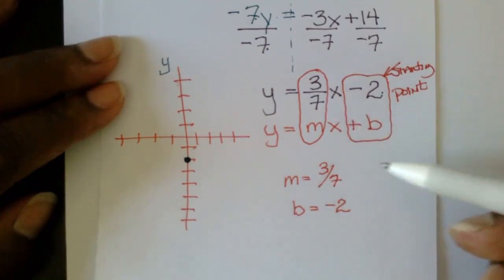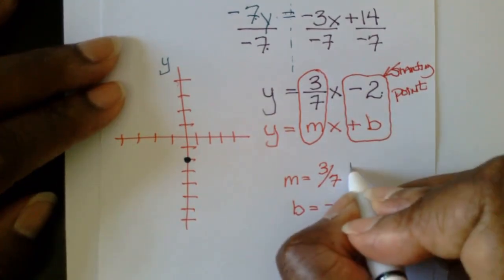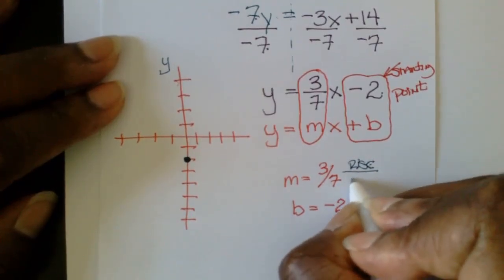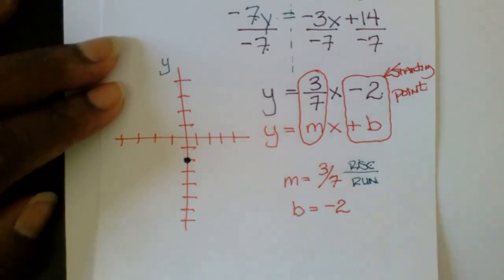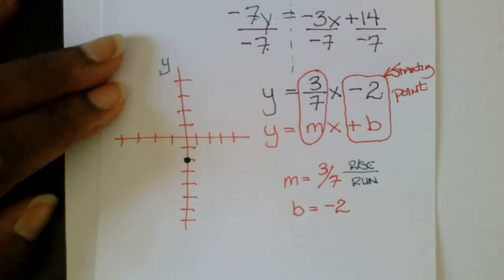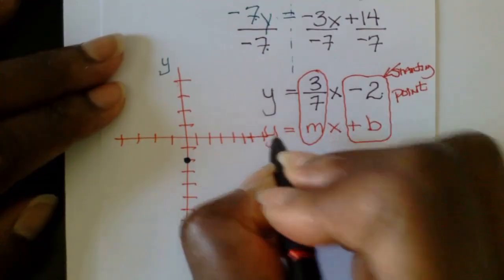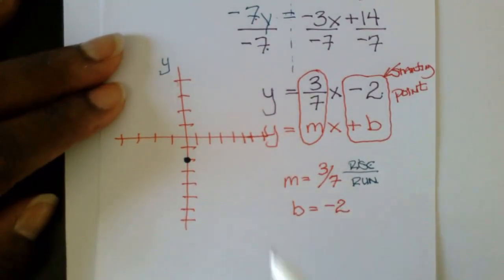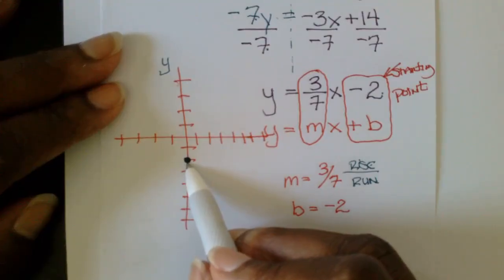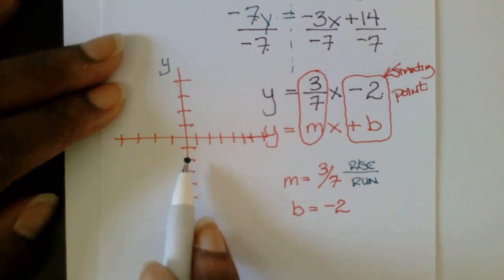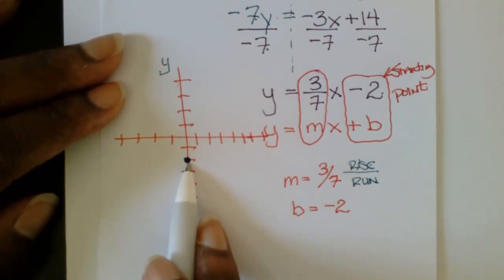Now from here, you have your rise over your run. I know I'm going to run out of space, but I can always add more. I'm not going to start at the origin. Once you hit your point on the y-intercept, you're starting here.